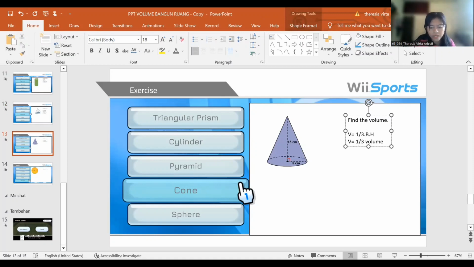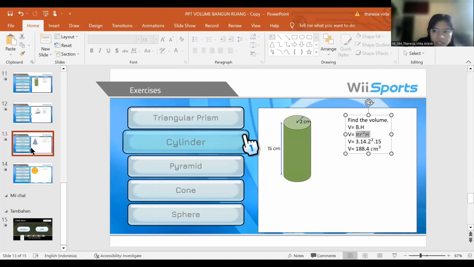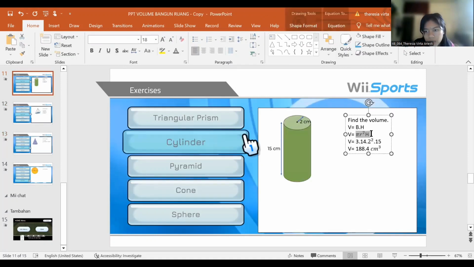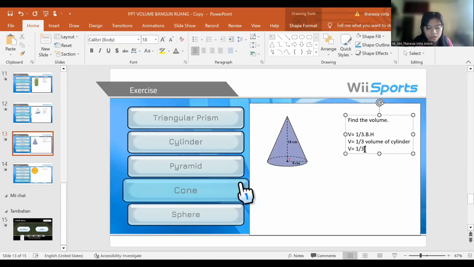Volume of the cylinder, you know, right? The formula? The cylinder is pi r square cross h. So we're going to substitute in here. Yeah, we got the full formula of the cone.